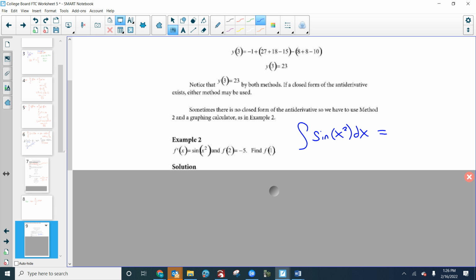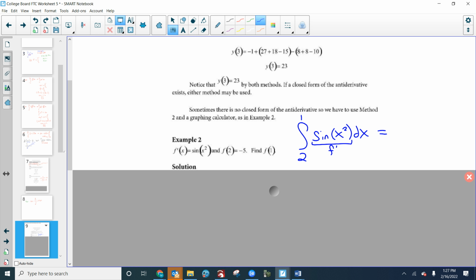What should I make my bounds? 2 to 1 or 1 to 2? Do you guys agree or disagree? Let's see, all right? If we do 2 to 1, then, and this is called f prime. What does that equal symbolically? Because I don't know the antiderivative of that.